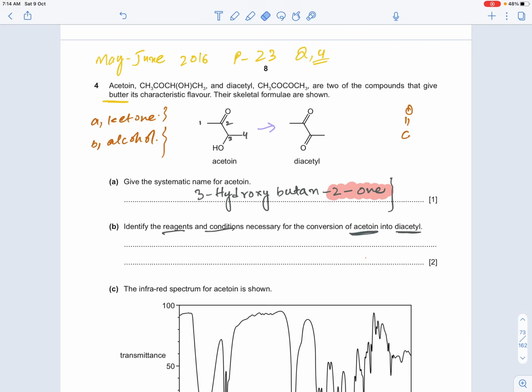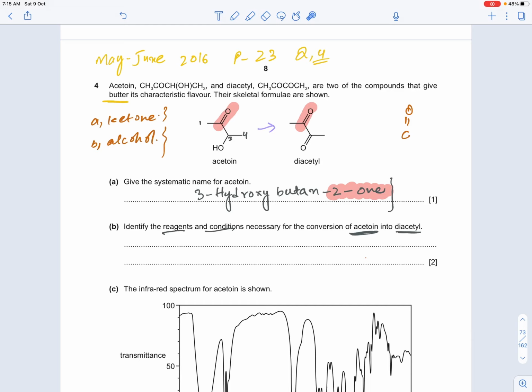Like we have this ketone group present on carbon number 2, a ketone group present on carbon number 2. The only difference is that at carbon number 3 we have an OH group present in acetoin, and we have a ketonic group present in diacetyl. So that means alcohol has been converted into ketone, and this is oxidation.